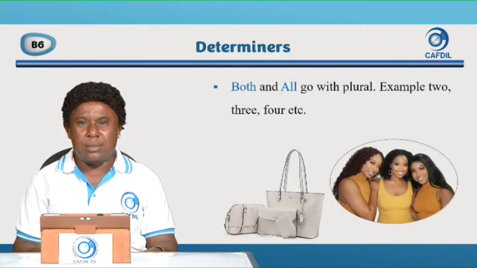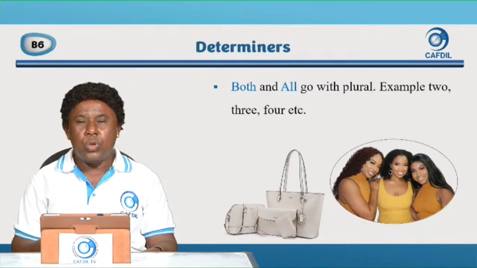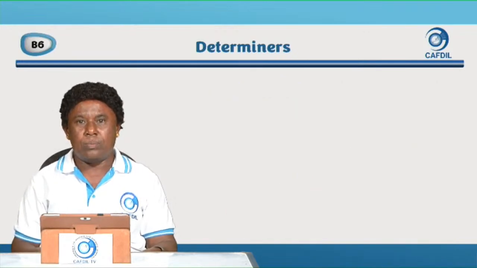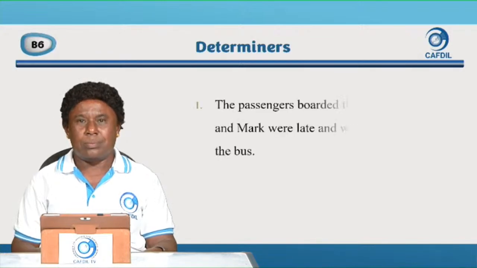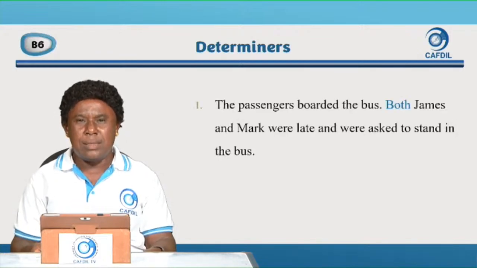To the next sentence. Here we see both and all. Both and all go with plural. Both, 2. All, many. So both and all go with plural. Example, 2, 3, 4, and more. Let's see the sentence.